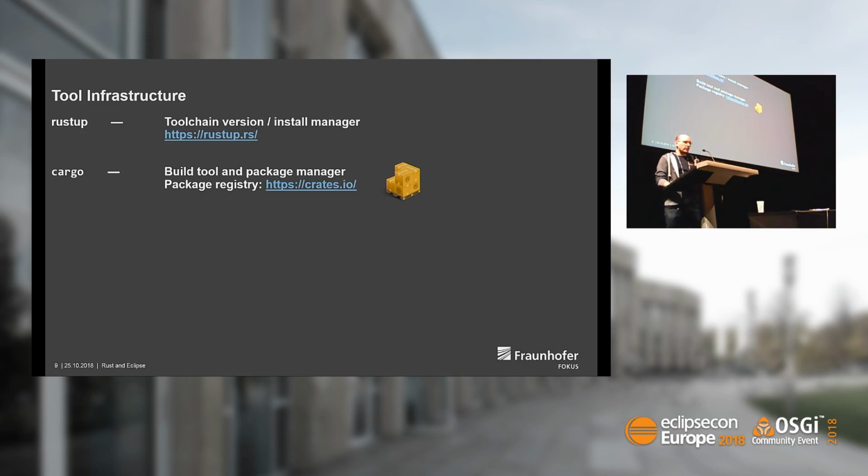Okay, so the first thing that you would do when using Rust is installing rustup. Rustup is a version or install manager for Rust, which you can use, for example, to keep your Rust stable toolchain up to date, because there's a release every 6 weeks, not months, weeks.